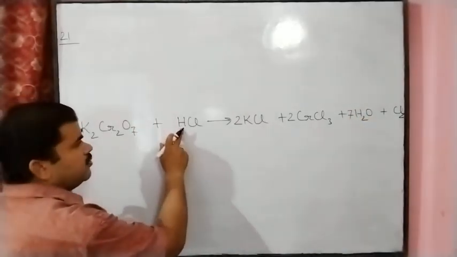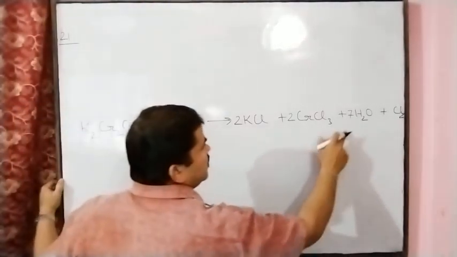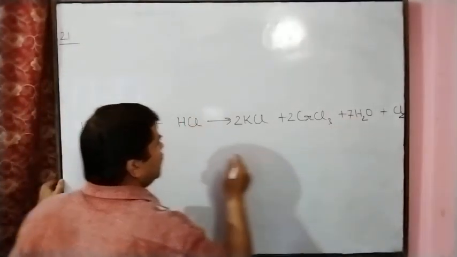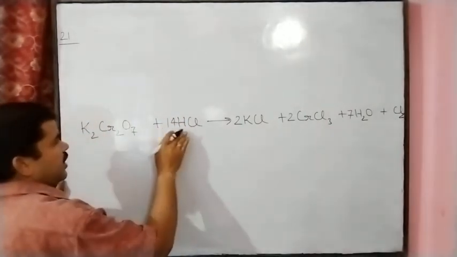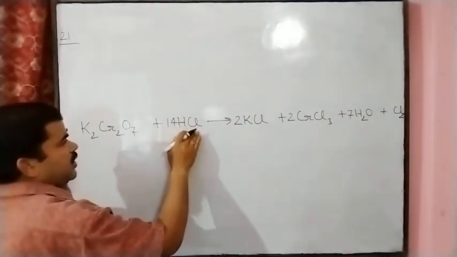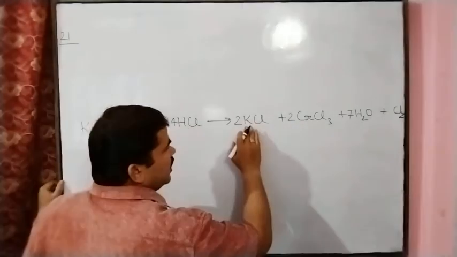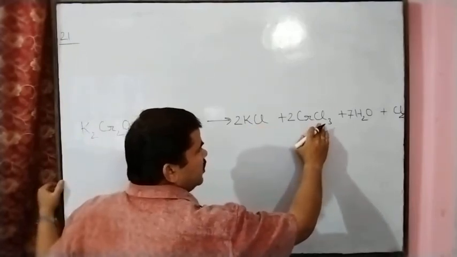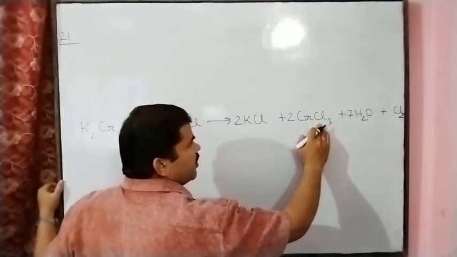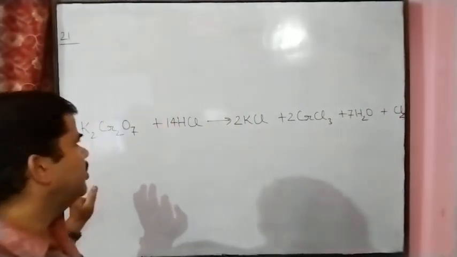Then hydrogen is only one on the reactant side and 14 on the product side, so we can write 14 to balance hydrogen. Then chlorine: 14 on the reactant side, and on the product side we can see 2 chlorine and 6 chlorine.